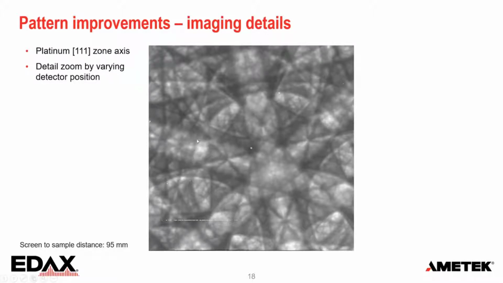This one here has a nice half moon shape, bright area. Same here, and in between you have this little arrow. So that's really what shows the 3-fold symmetry of this crystal orientation.